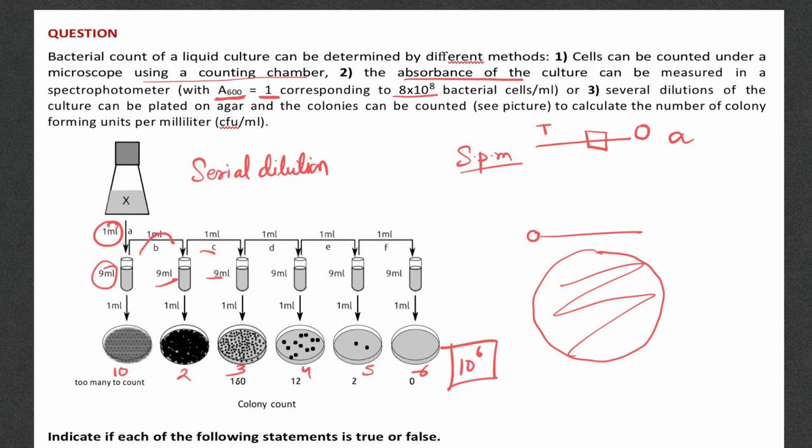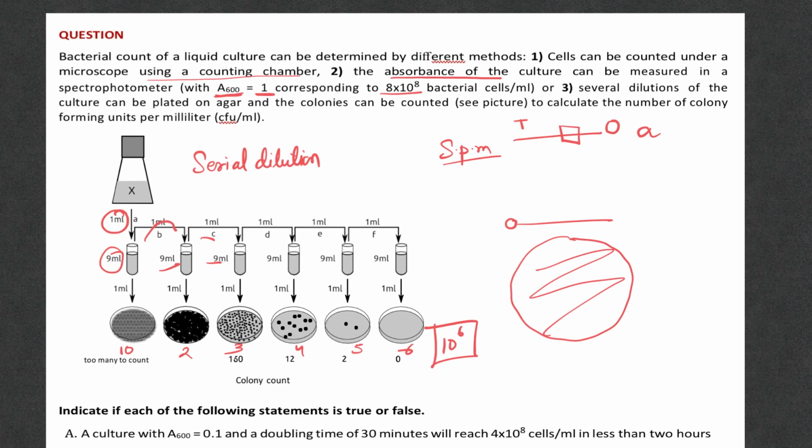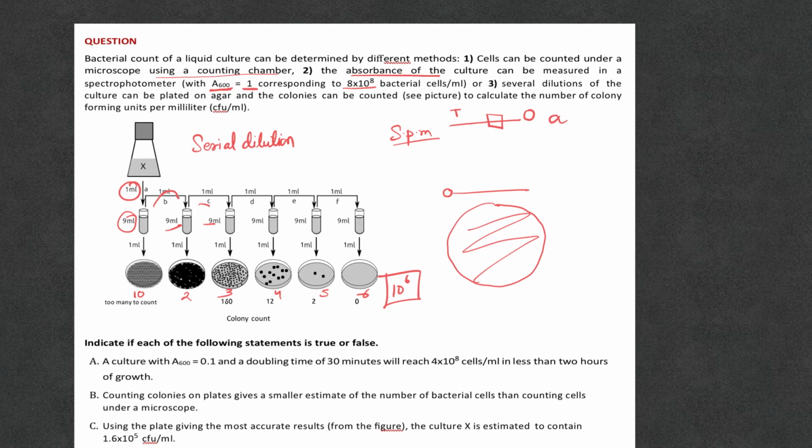And you wait for the bacteria to form colonies. You count the colonies, and the number of colonies is the number of bacteria there must be, because you have diluted them a lot of times. You're hoping that a single bacterium will give rise to a single colony. Okay, so pretty simple. Let's read the questions now.